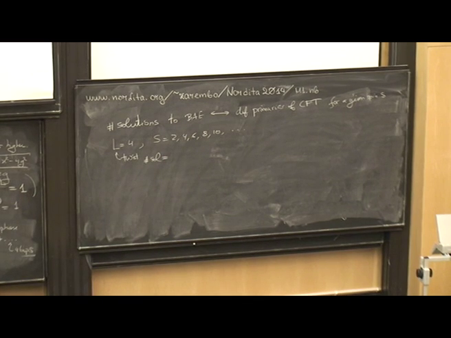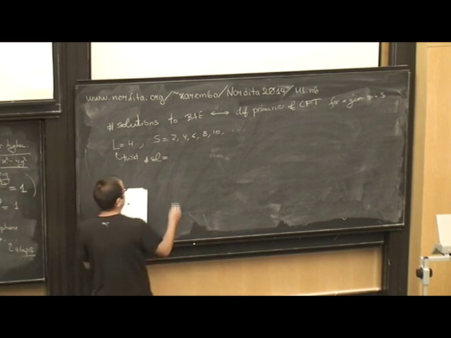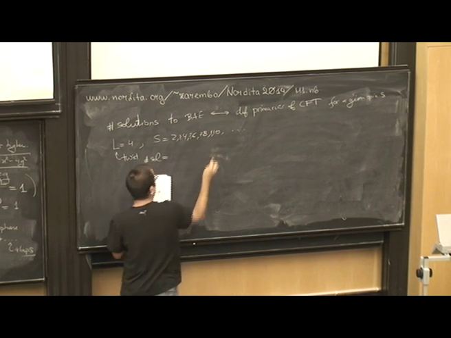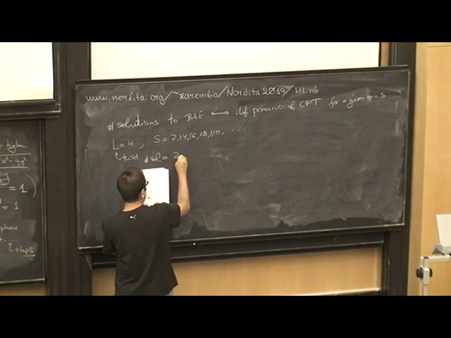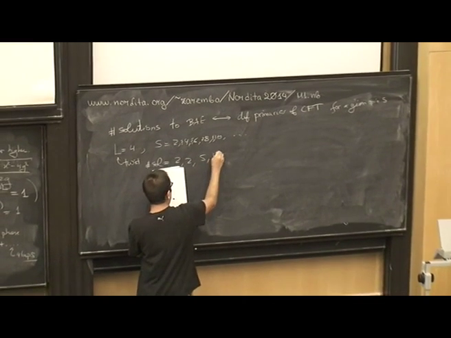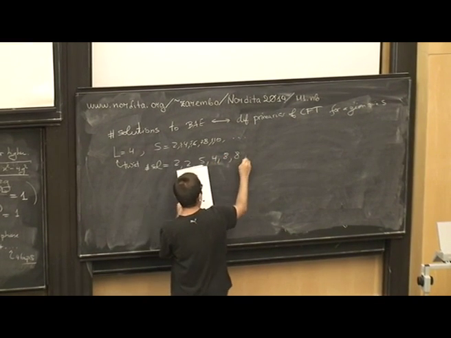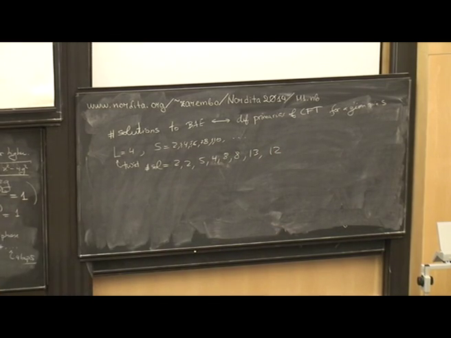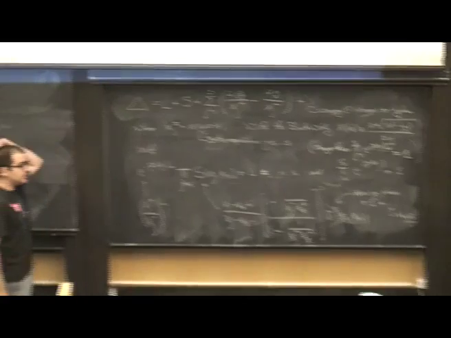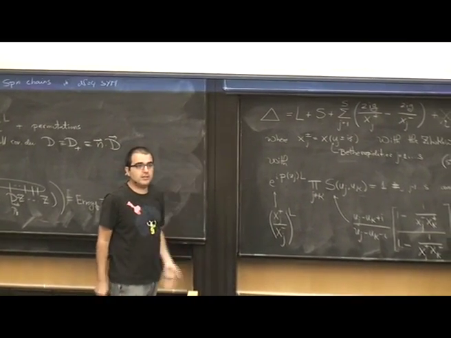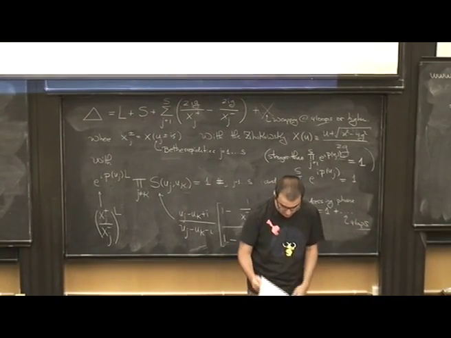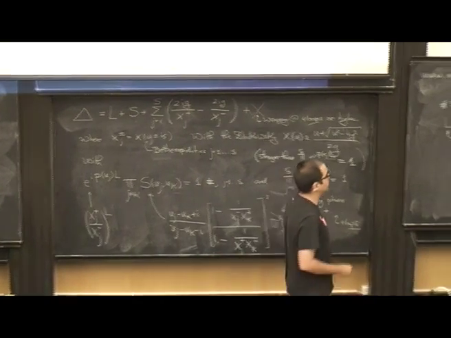I don't know what its analytic expression is, but for example, from spin 2 up to 10, the number of solutions is 2, 2, 5, 4, 8, 8, 13, 12, and 13. Okay? So the number of solutions as you increase the spin tends to grow, and it's some funny number, and you can check that this is exactly the number of primaries of your theory. Okay? So this is one comment.